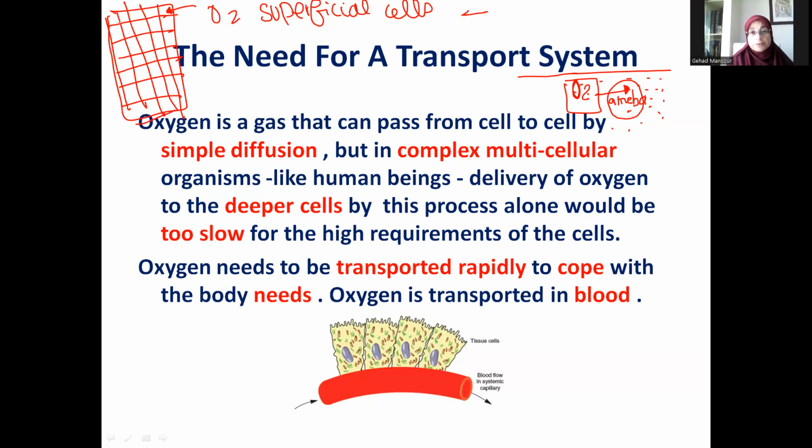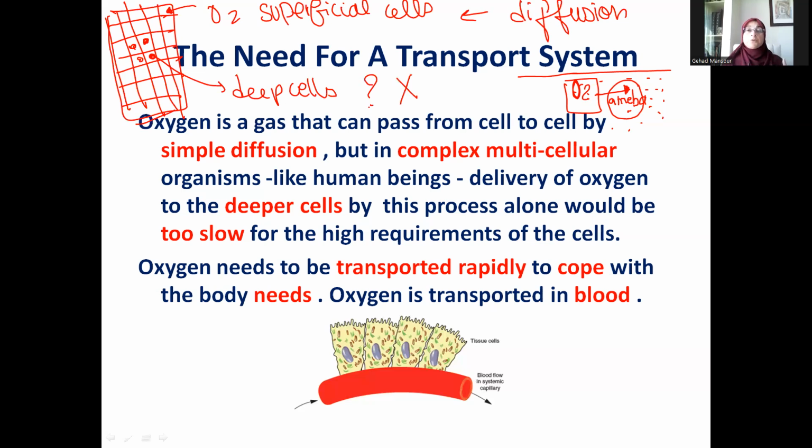But what about the deep cells in the center of the organism? The deep cells cannot receive oxygen by diffusion. Why? Because it is possible, but it would take an extremely long time.